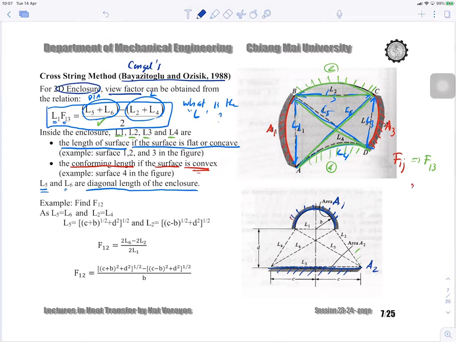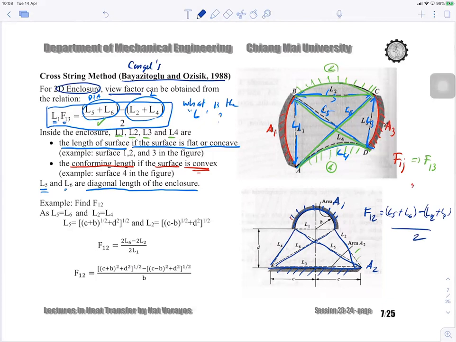So F12 is the summation of the diagonal lines, L5 and L6, minus the connecting lines, L2 and L4, over 2.